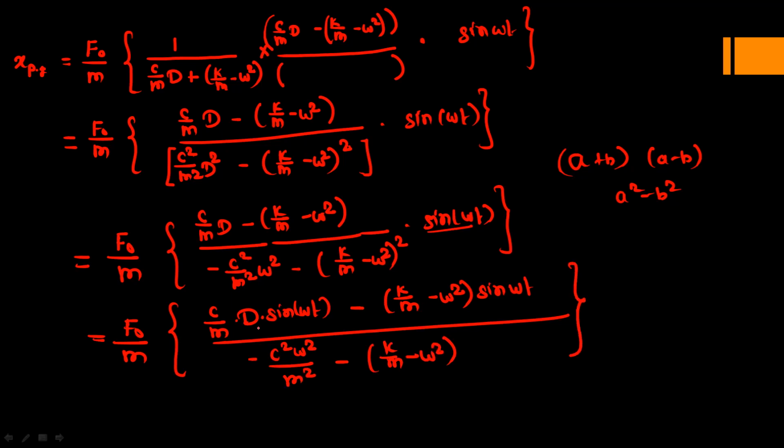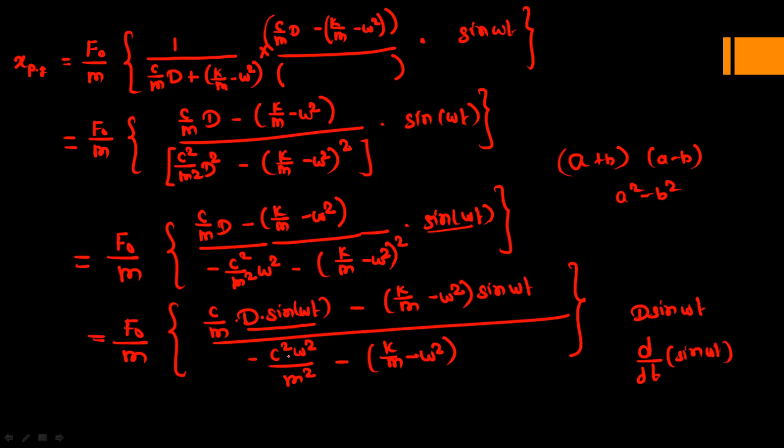Okay. So what is D sine omega t? Actually D sine omega t is nothing but the differentiation d by dt of sine omega t.